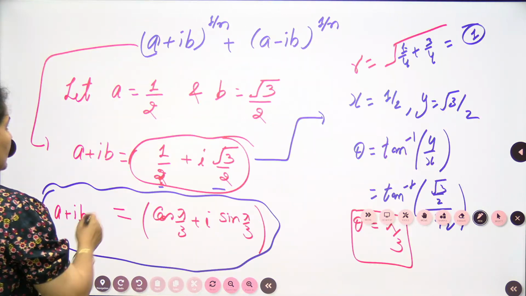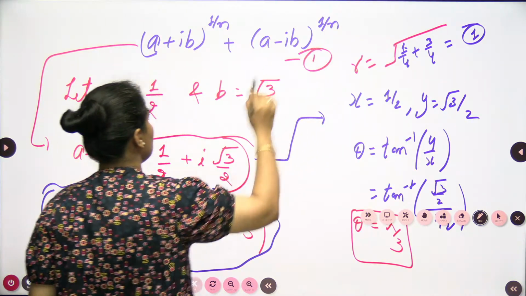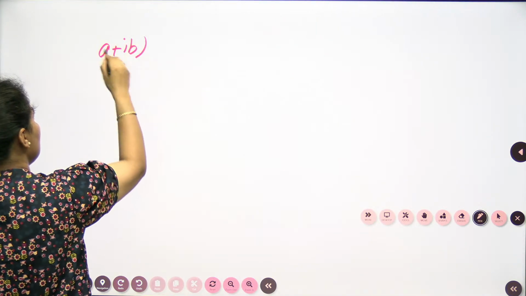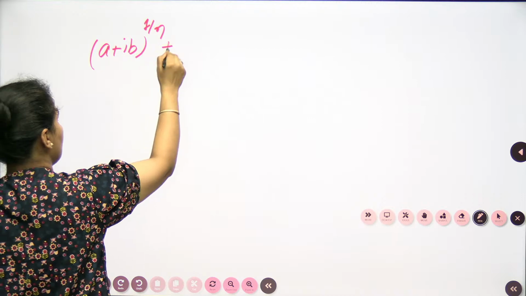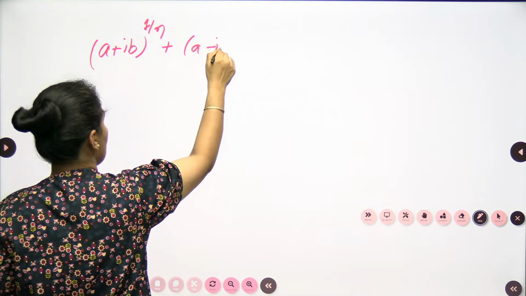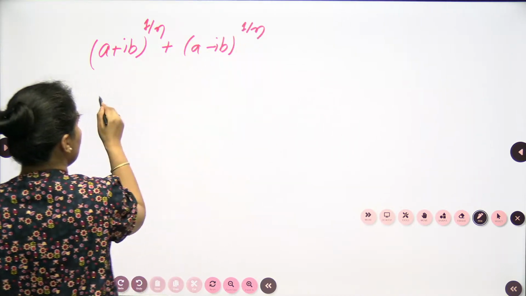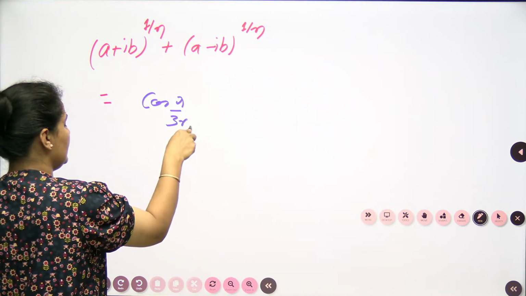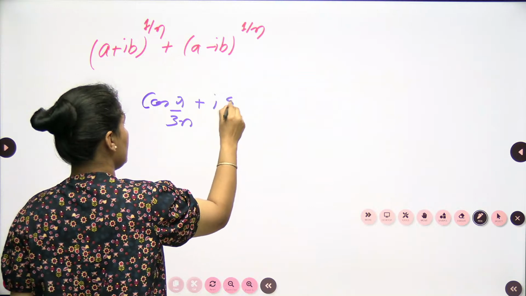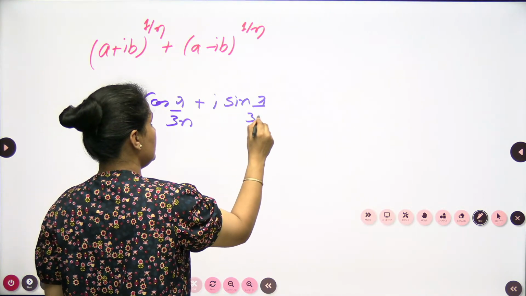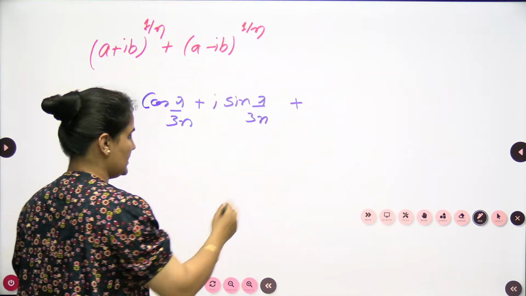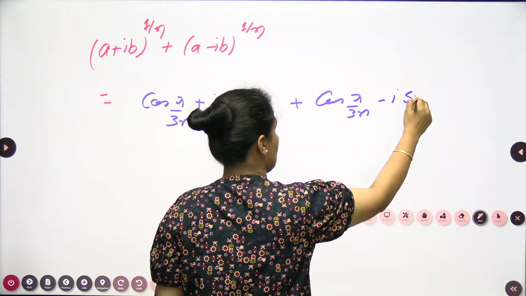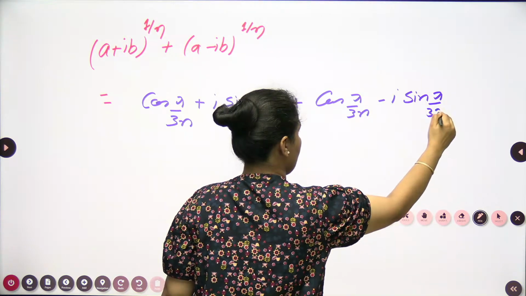As I told you, this is a little lengthy question, a plus iota b power 1 by n plus a minus iota b power 1 by n. It will become cos pi by 3n plus iota sine pi by 3n, plus cos pi by 3n minus iota sine pi by 3n.